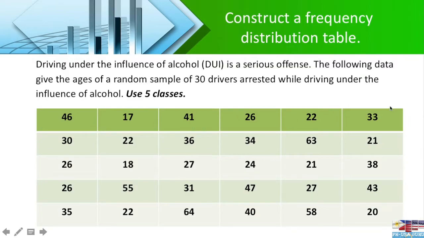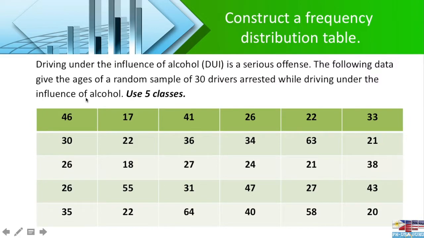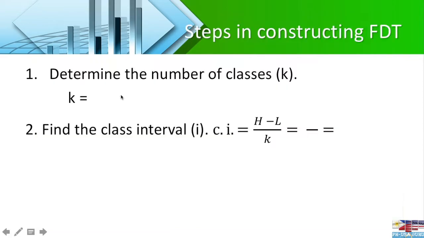Now, let us do the first step. The first step is to determine the number of classes, which is K. In the problem, it says here, use 5 classes. This 5 classes is the value of our K. Second step, find the class interval, which is equal to the highest score.